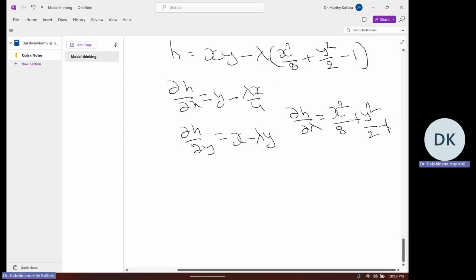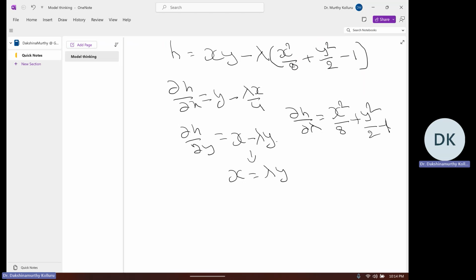Y minus lambda x by 4 is equal to 0, x minus lambda y is equal to 0, and x square by 8 plus y square by 2 minus 1 is equal to 0. So first let's write x. If I make x minus lambda y equal to 0, x is equal to lambda y.